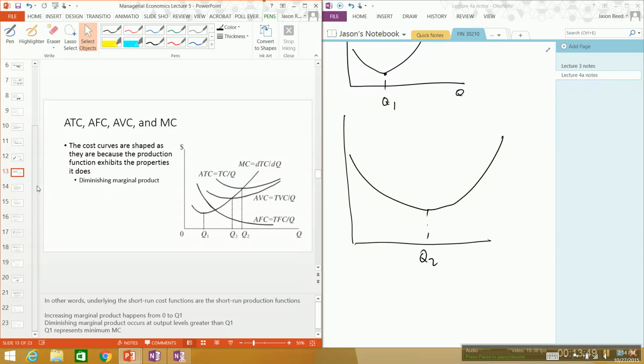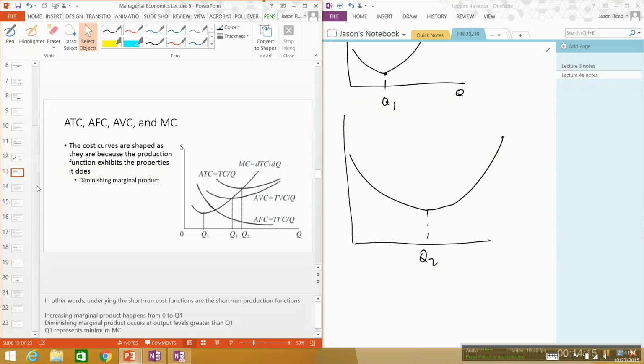The reason that we're seeing at first between average variable cost, average total cost, and marginal cost that they're declining is the idea that we have some increasing marginal product. And again, I think that's an important idea, that we get this U shape in these curves because of the increasing then diminishing marginal product.